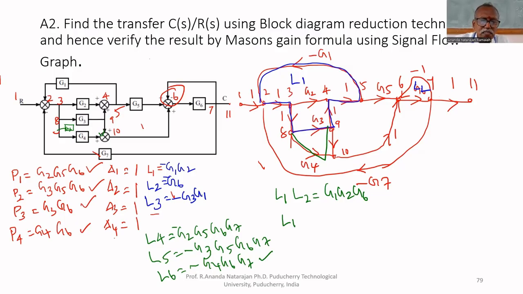L3 and L2. That is also non-touching. Therefore, G3, G1, G6. L7 equal to G3, G7 minus. That is one more loop.